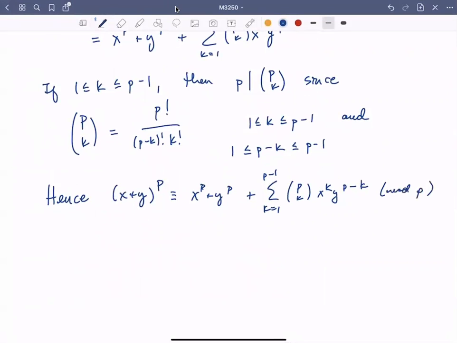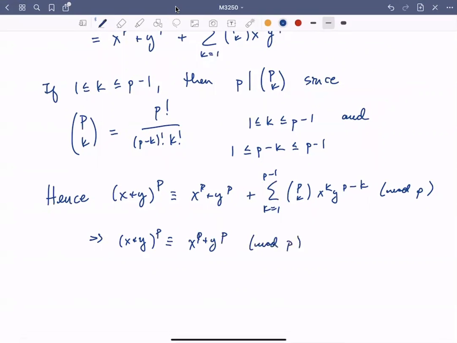Since they're equal, they're definitely congruent with whatever modulus; in this case, we're working mod p. But since k goes from 1 to p minus 1, p choose k is a multiple of p. So therefore, this is going to be 0 mod p, and that gives us our result, that (x+y)^p must be congruent to x^p + y^p mod p.